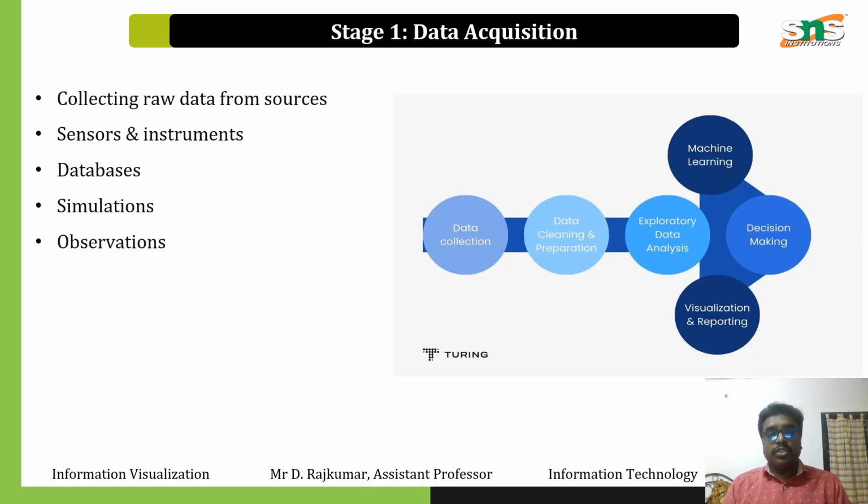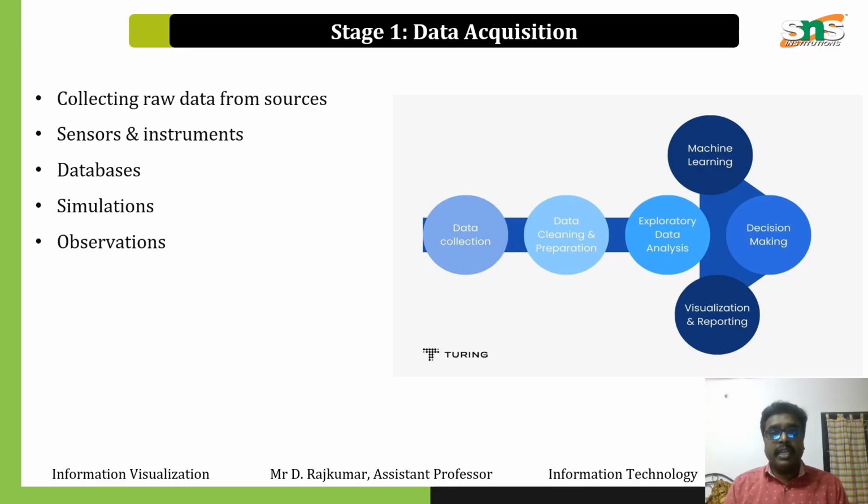So the first process is going to be data acquisition. Here we are going to collect data from raw data sources. Sometimes it may be from sensors and instruments used in the case of IoT applications. And we have a lot of databases where we regularly store our data each day. So from those databases, data can be taken, and we'll be having several simulations to read data in training or practice environments in very critical applications.